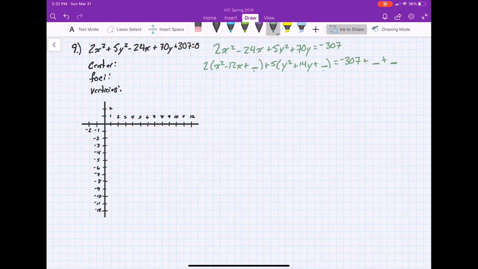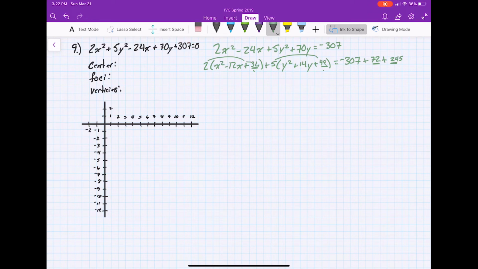So complete this square. We're going to get 36 goes in here. Half of 12 is 6. 6 squared is 36. 36 times 2 is 72. Remember, we have to multiply this number times what's out front there. So we get 72. 14 divided by 2 is 7. Squared, 49. 5 times 49 is 245. Using a calculator on that for sure.